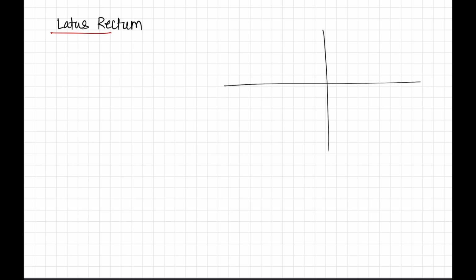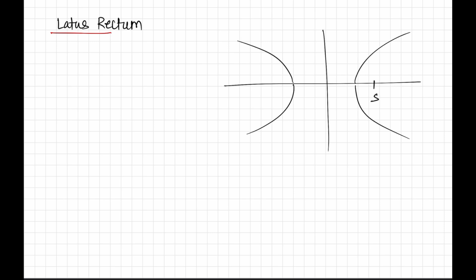In this video, let us talk about the concept of latus rectum of a hyperbola. So the formula for latus rectum remains the same as in the case of an ellipse. Let us say we have drawn the transverse axis, this is the conjugate axis, and this is our hyperbola.